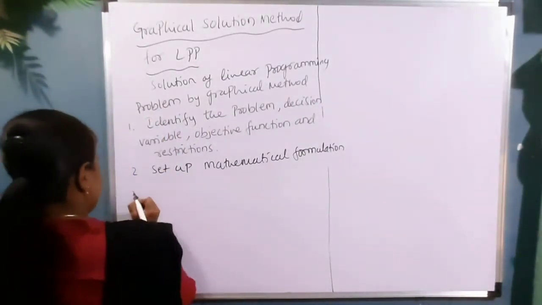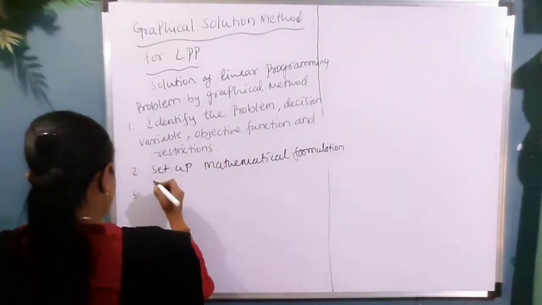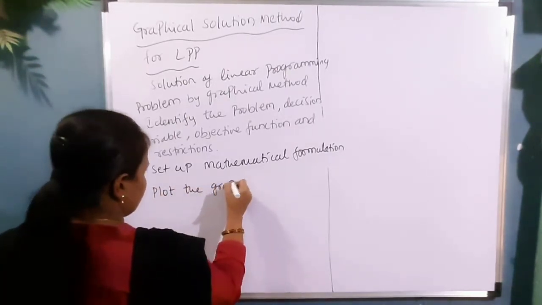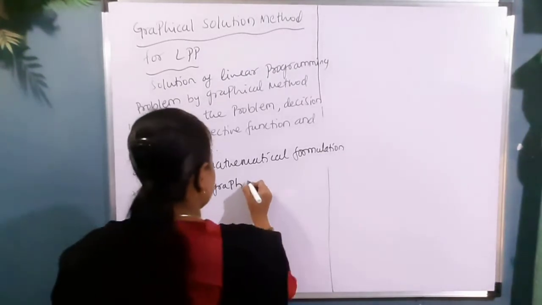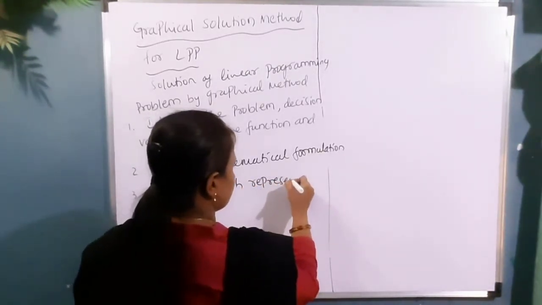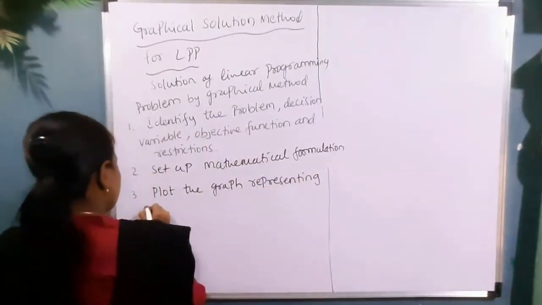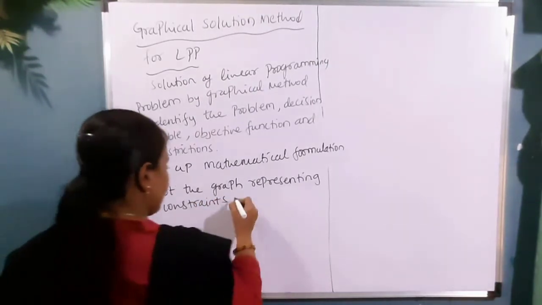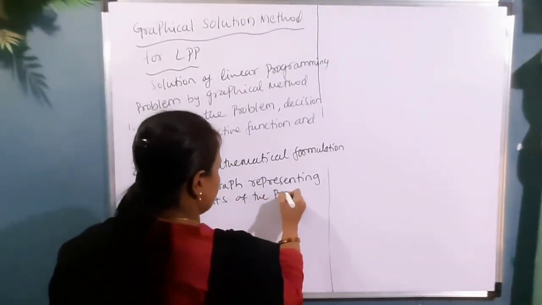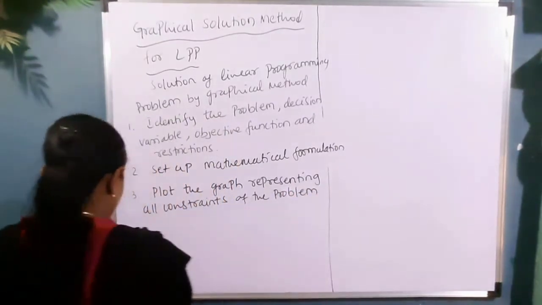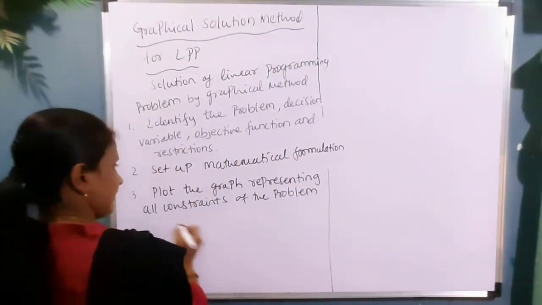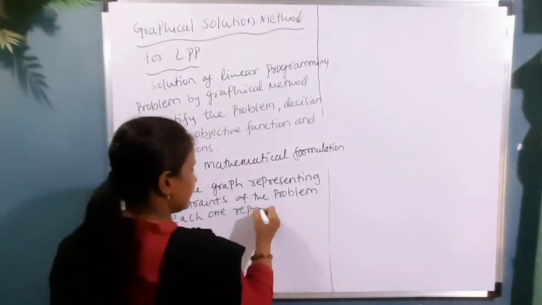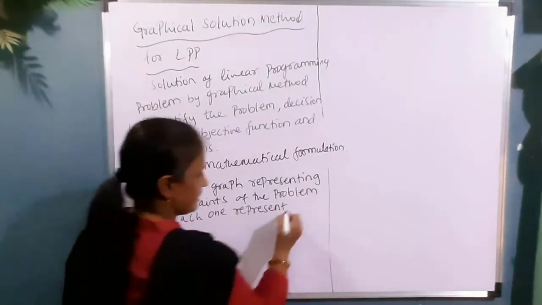Now step 3: plot the graph representing all constraints of the problem, as each one represents a straight line.